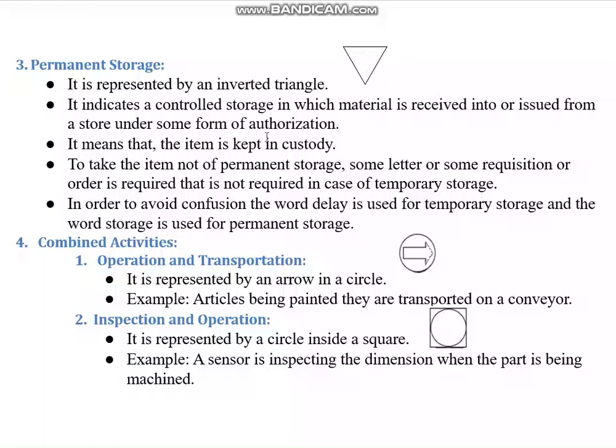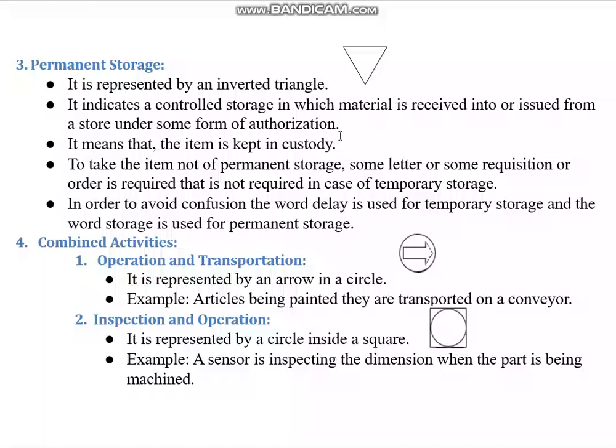This is the symbol. It indicates a controlled storage in which material is received into or issued from a store under some form of authorization. If it is a temporary storage, no writing business is there. Whereas if it is in the store, to get it from the store you have to give an authorization letter, or at least a requisition slip.